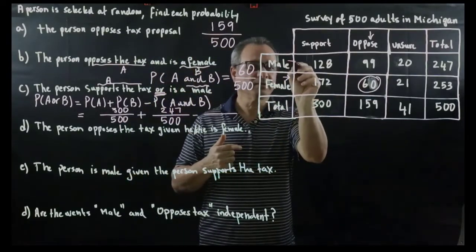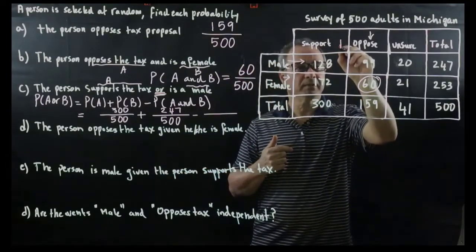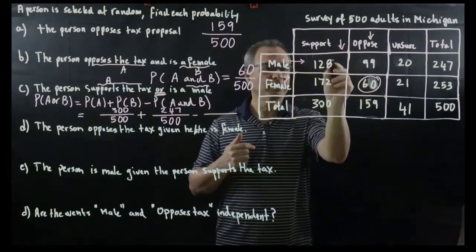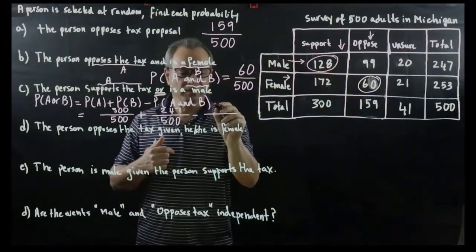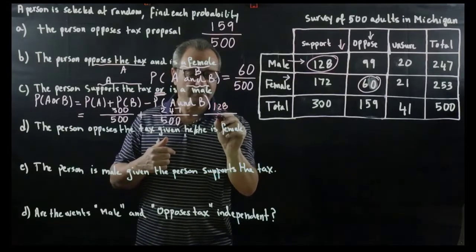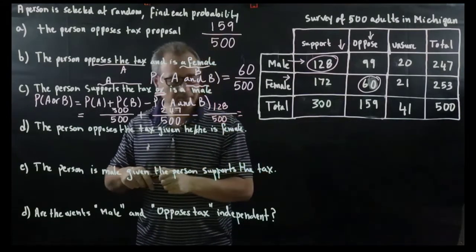This is the row that contains the male, and this is the support column. Where would the two arrows meet, guys? You agree with me that they meet right here at 128. So it's 128 divided by 500, which equals to what?